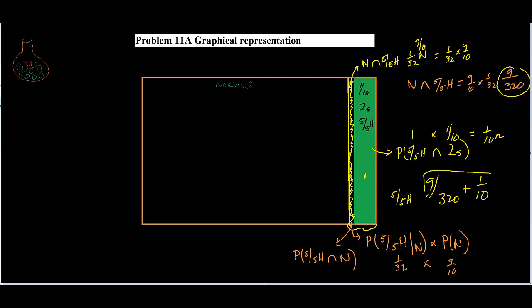And in this area, everything will be 5 out of 5. And we figured that out. It was what? 41 over 320. So this is just kind of a graphical representation of what we did using a probability formula, and it's a little easier to understand if you look at these things graphically.